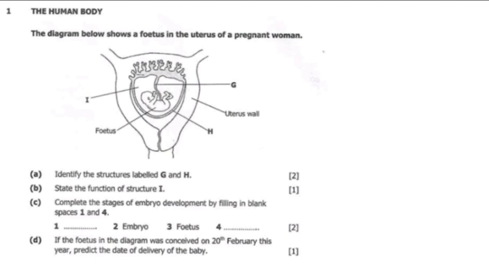So question 1A was as follows. Identify the structures labeled G and H. So the structures that are labeled G and H, you can see the G there and the H here.